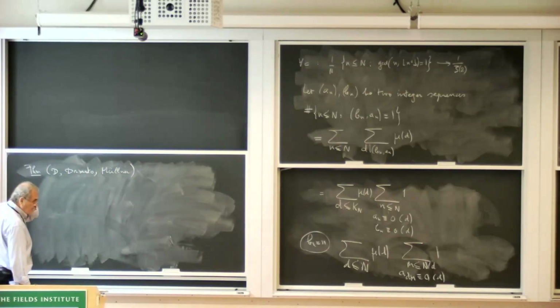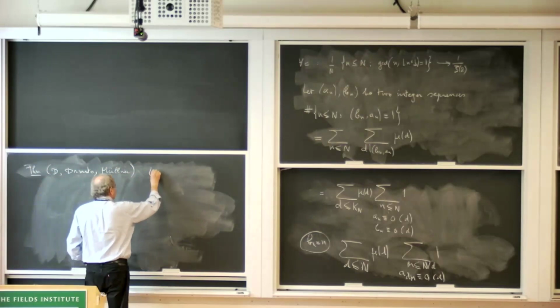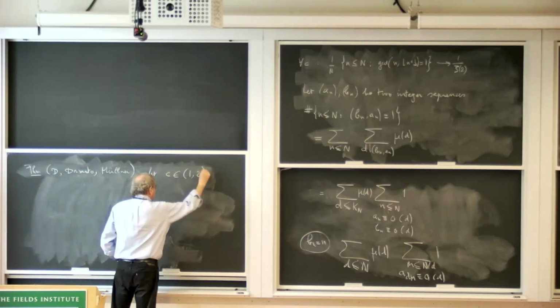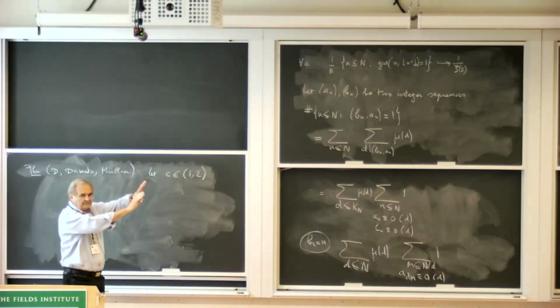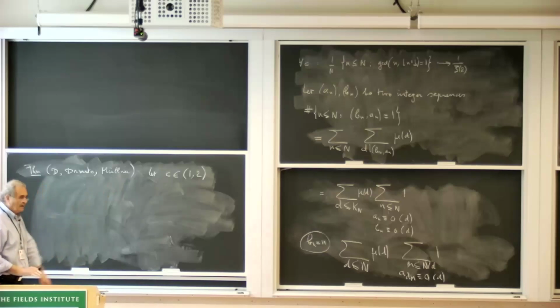We showed the following. In the interval 1, 2, if c is larger than 2, we know absolutely nothing about pairwise, even for 2 of them. So there's nothing to help. But here we can prove the following.